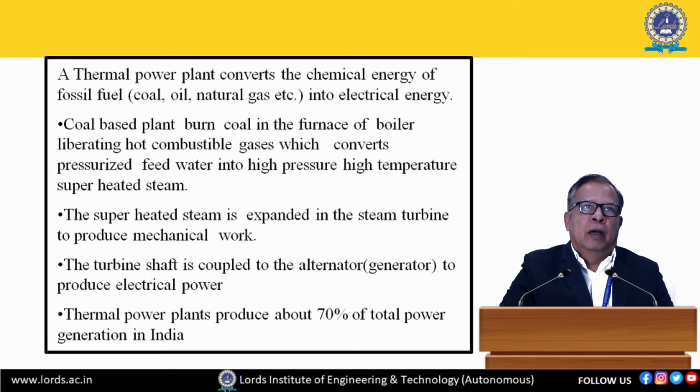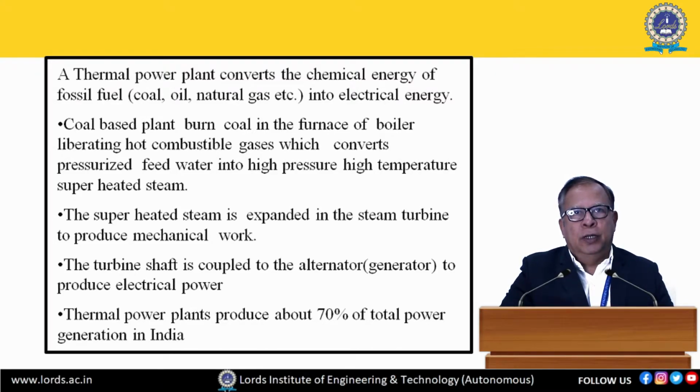Then what is a thermal power plant? A thermal power plant converts the chemical energy of the fossil fuel, coal, oil or natural gas into electrical energy. Now, coal-based plants burn coal in the furnace of the boiler, liberating hot combustible gases, which convert pressurized feed water into high pressure, high temperature, superheated steam.